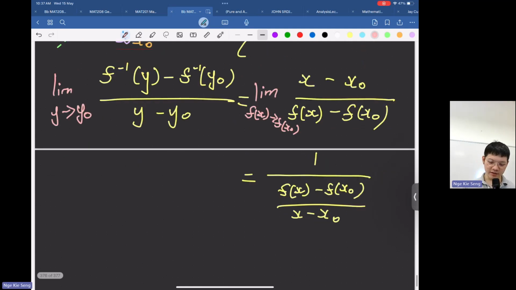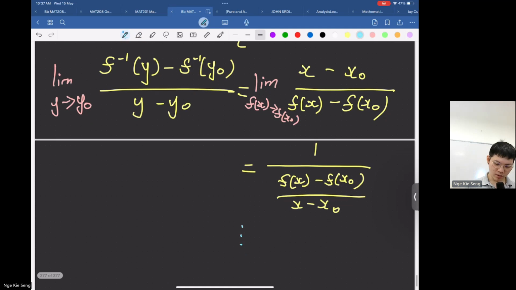Just now we want to have a goal that this reaches 1 over f prime of x naught. If we want to reach this, then we should have a limit from x to x naught.